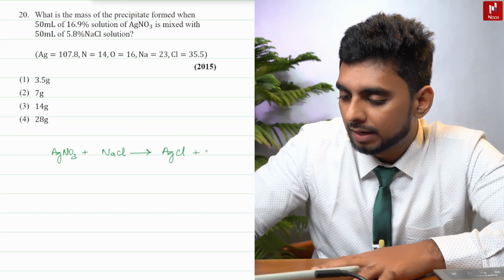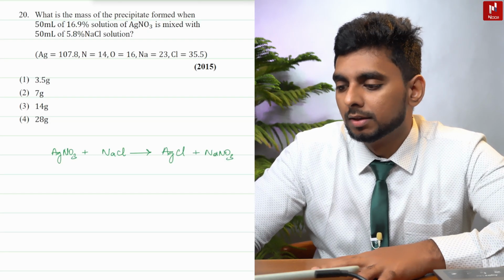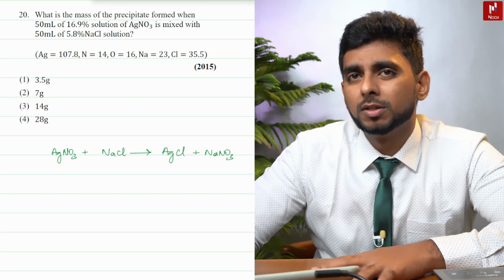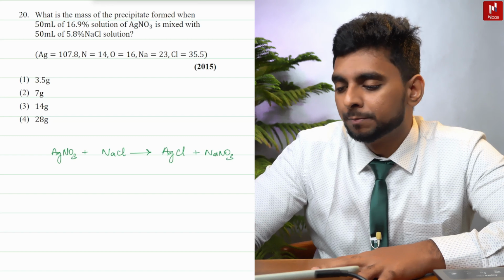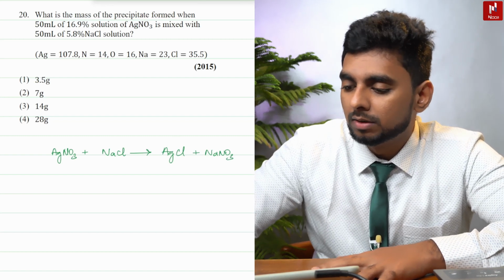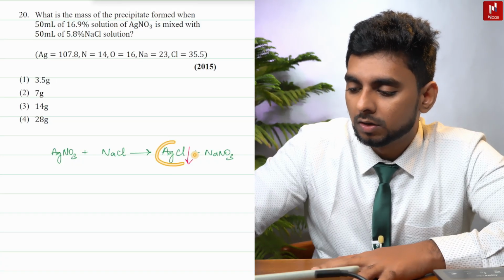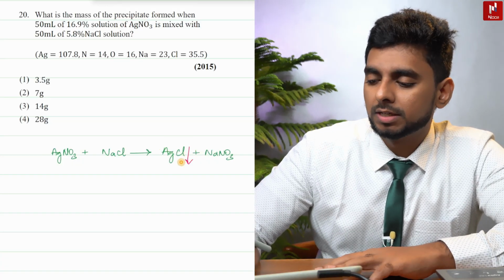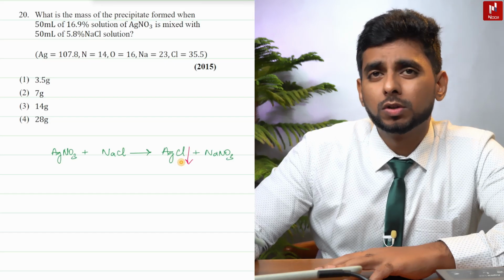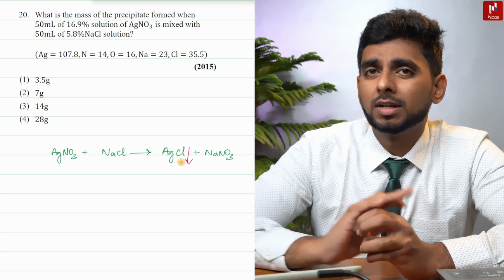Same way you will have NaNO3. Generally nitrates and sulfates do not form precipitate because they are soluble in water very well. AgCl will be the precipitate in this case. I'll have to find the mass of this precipitate. To find which one is the precipitate, you should know the solubility product or experimentally verified results.